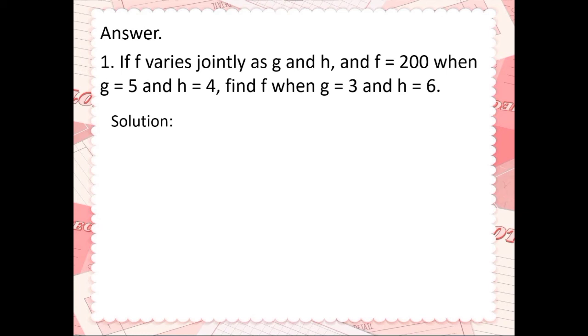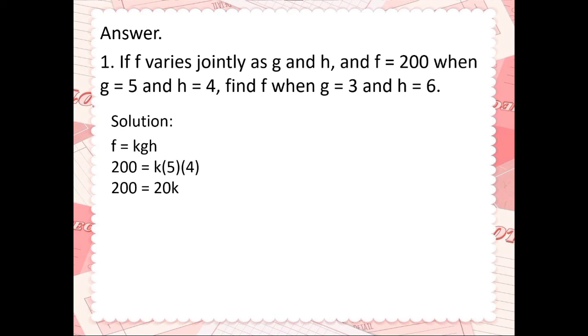For the solution, let us write first the variation mathematical sentence, which is F is equal to KGH. Then next, substitute all the given values of our variables. So F is equal to 200 is equal to K times G, which is 5, times H, which is 4. Then let us get the product of 5 and 4, which is 20.